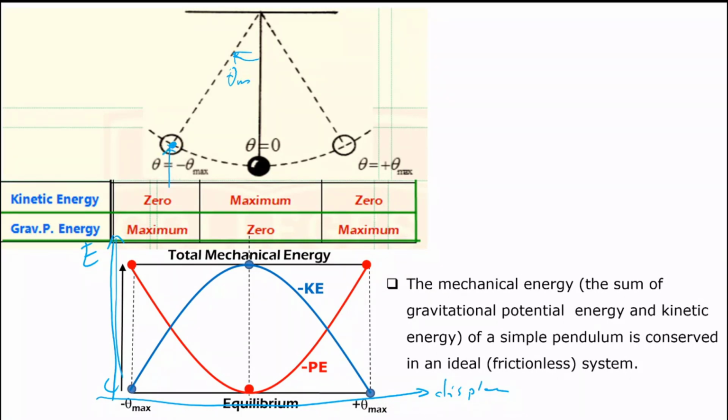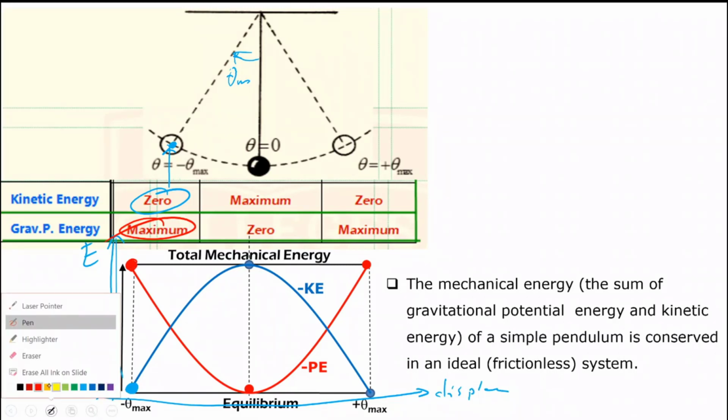Here the kinetic energy is 0 because the pendulum bob stops. I put a point here: this is kinetic energy, which is 0. But potential energy at this position becomes maximum, so I will represent the potential energy with the red dot here.